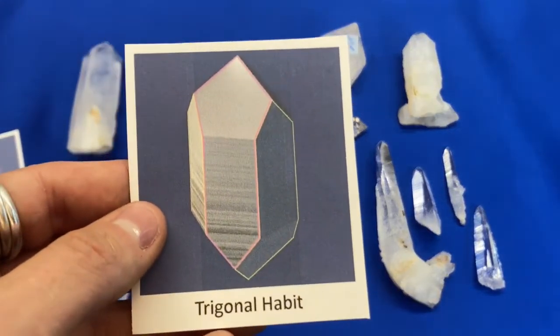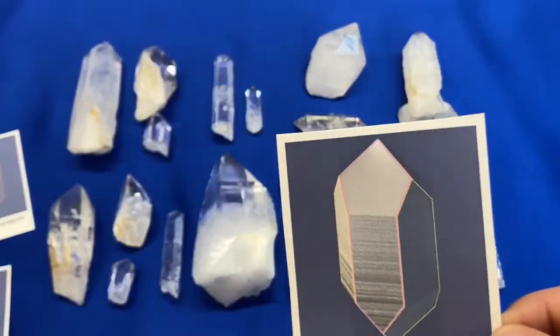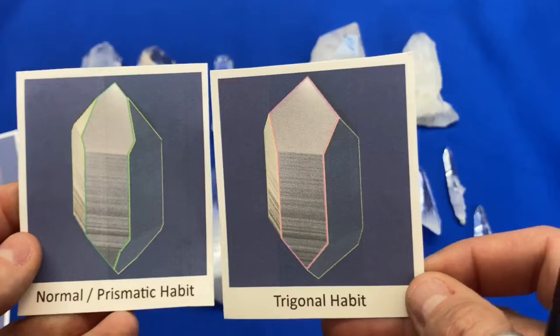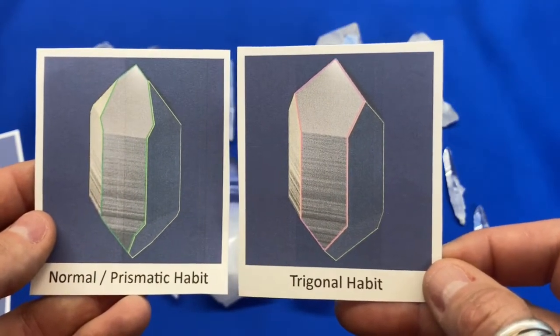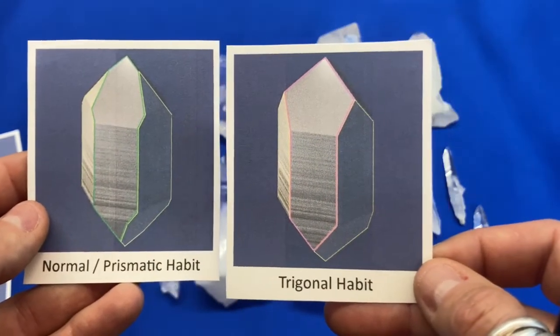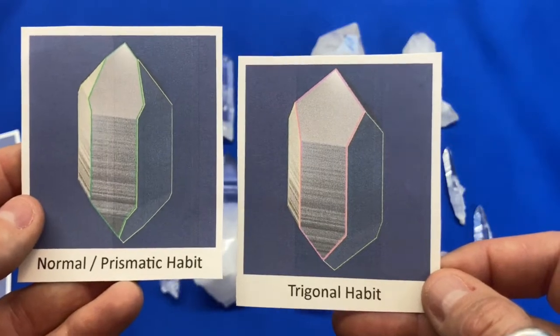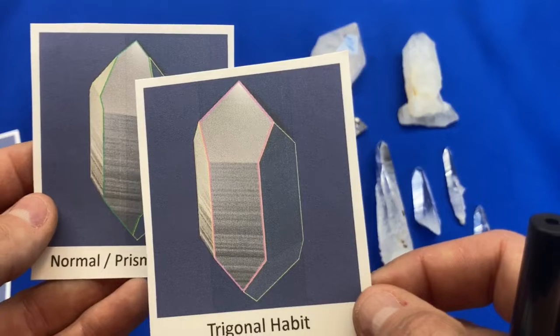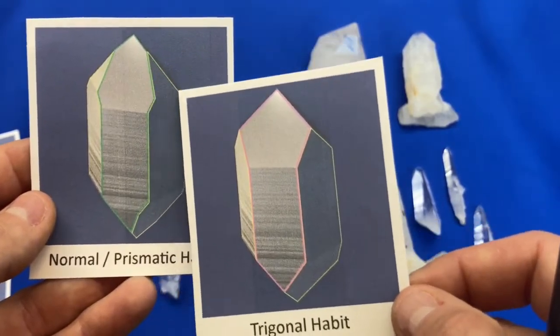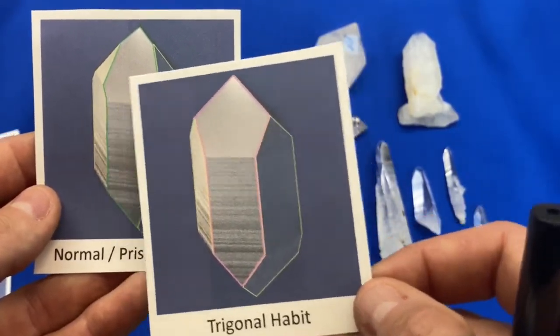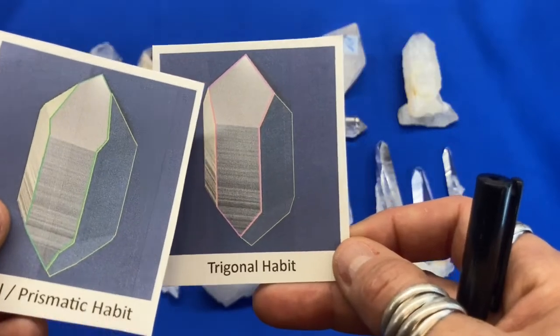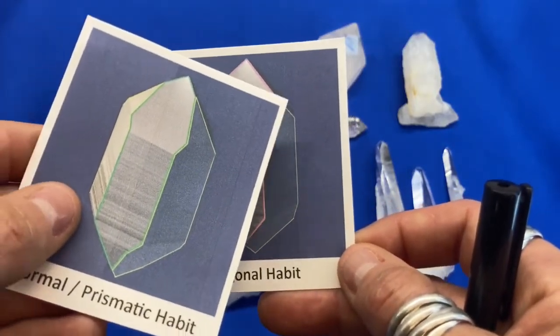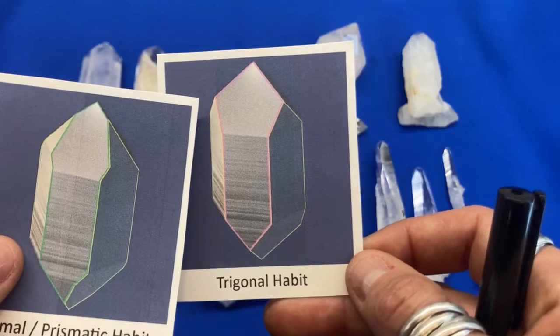The trigonal habit is very similar in some ways. At a quick glance, you may not be able to tell the difference. But if you're looking at the normal prismatic, the green lines at the top here show that the points, the corners, come a little bit lower. But then on the trigonal habit, you have 1, 2, 3, 4, 5 equal sides.